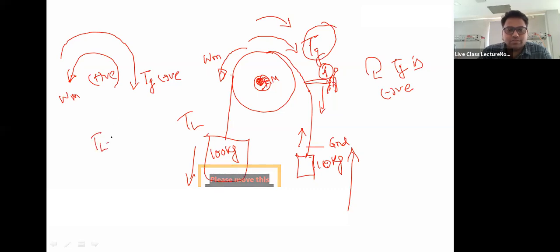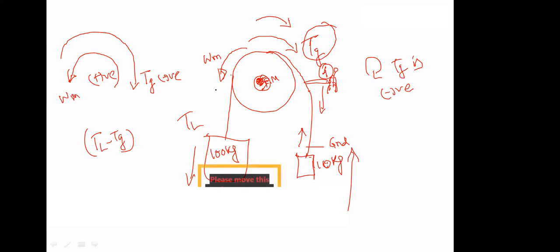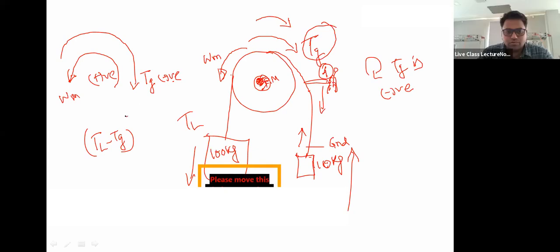Got it? So the net torque will be TL minus TG. The net torque acting on the ropes will be TL minus TG. If TG was greater, then the motor would have rotated clockwise. So TL is greater than TG here.